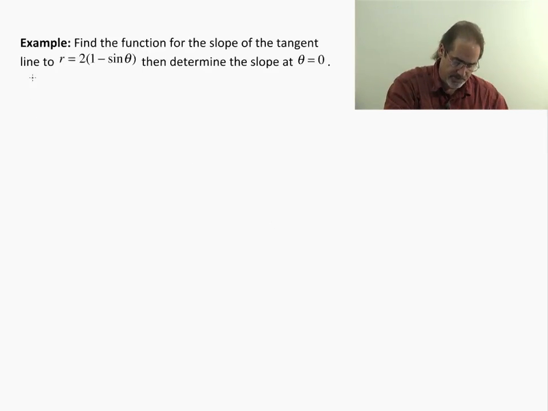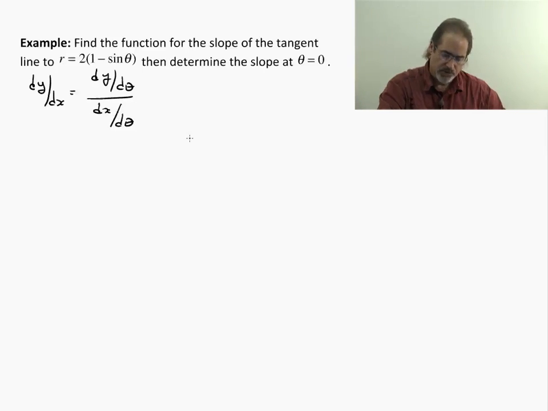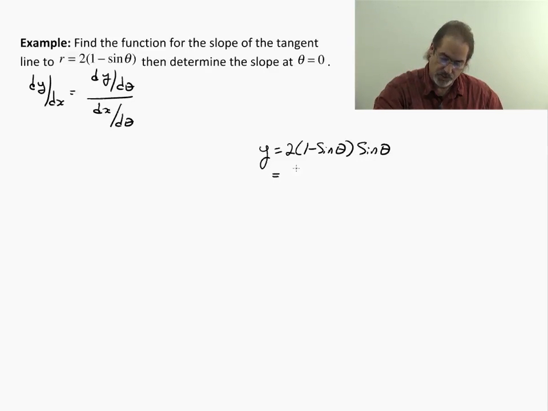Well, what I need is dy/dx, which is going to be dy/d theta over dx/d theta. Well, let's do a little work over here on the side for a second. y is going to be equal to r, which is 2 times 1 minus sine theta times sine theta, which is equal to 2 times sine theta minus sine squared of theta.